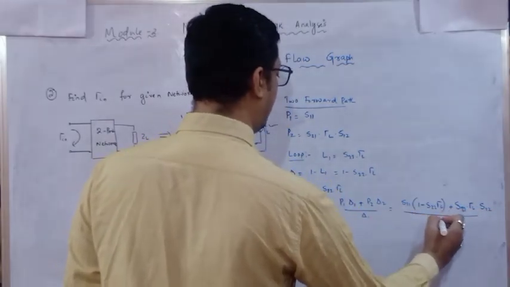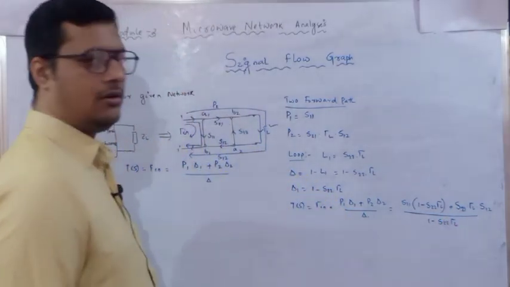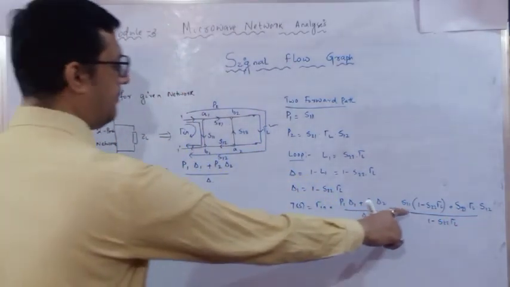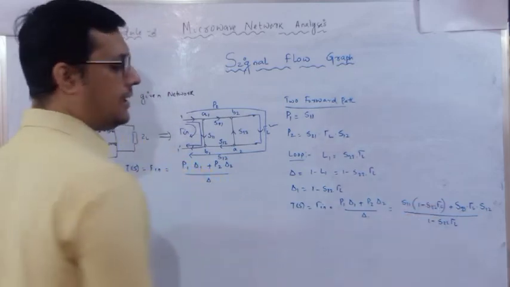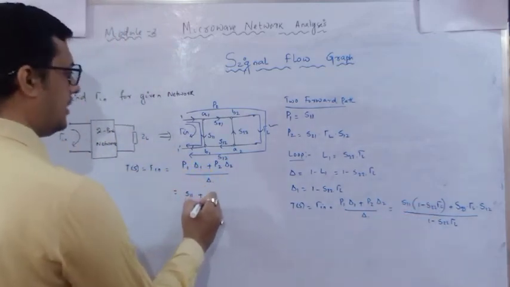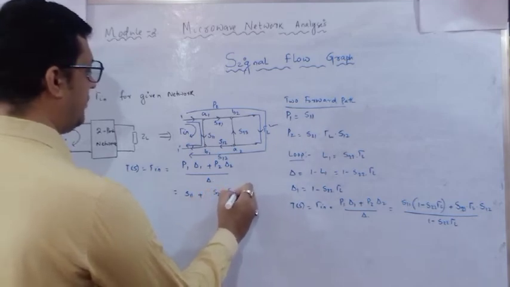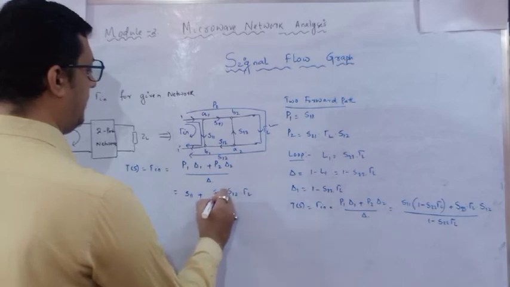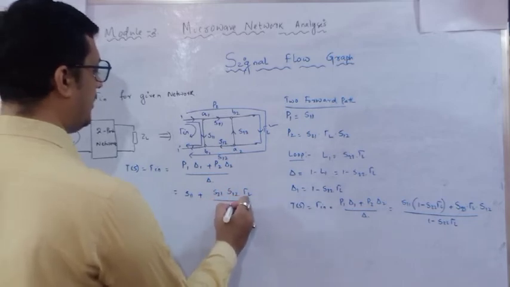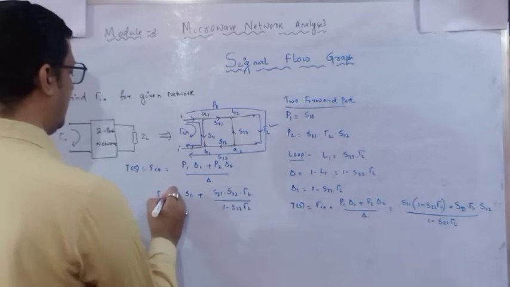Del is how much? 1 minus S22 into the reflection coefficient at the load. Now if you divide the numerator by this, you will get S11 plus S21 S12 times the reflection coefficient of the load, over 1 minus S22 times the reflection coefficient of the load.